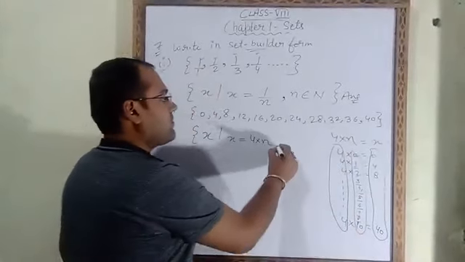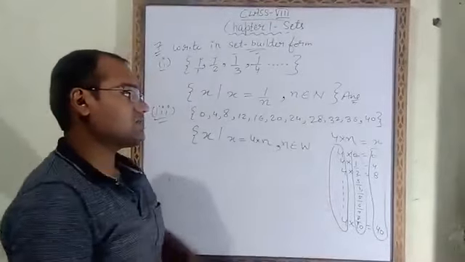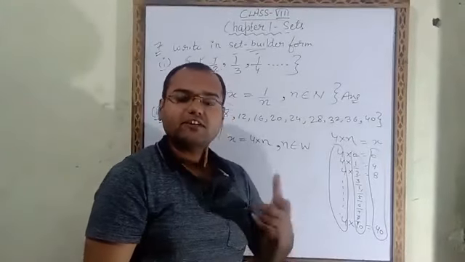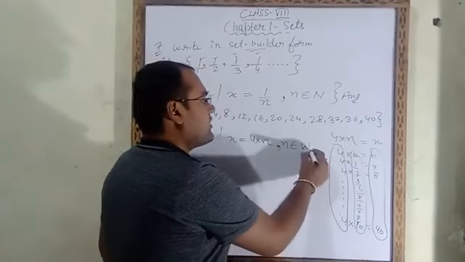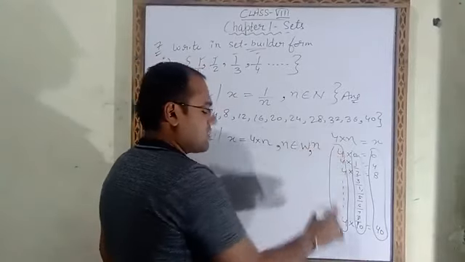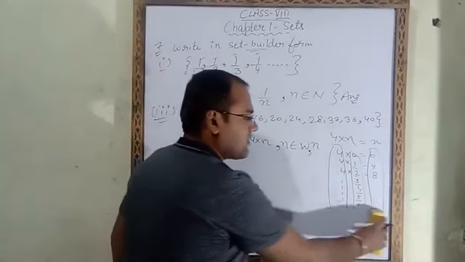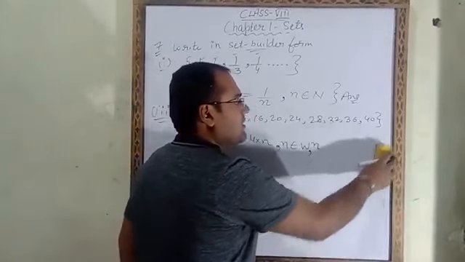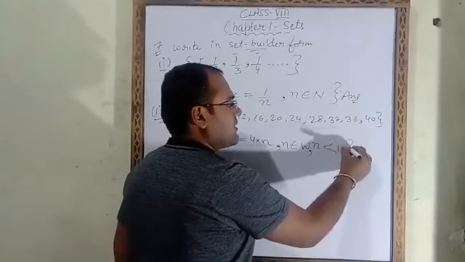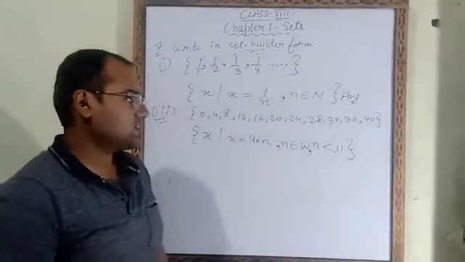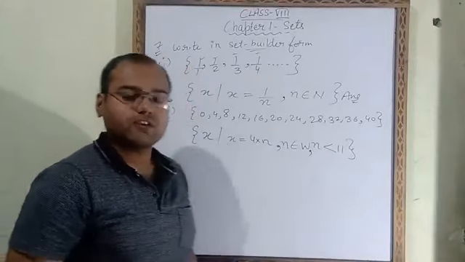That means n belongs to whole numbers, because the first value of n is 0 and 0 comes under the category of whole numbers. The last value of n is 10, that means n values are less than 11. So we will write here n is less than 11. This is the solution of this question. Like this you have to do all the remaining parts of this question.